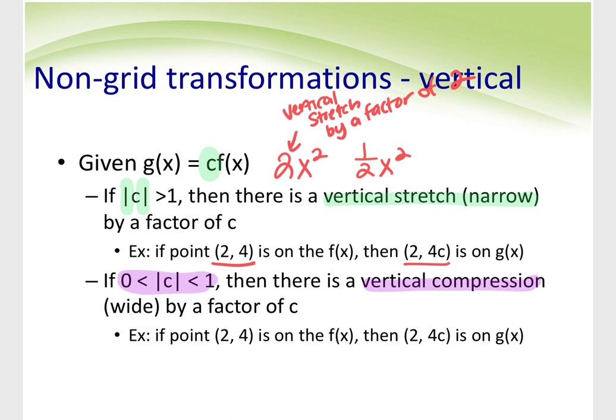It would cause your u to get wide. It would cause your v to get wide. It would cause a square root to flatten out, whereas the vertical stretch would cause it to be taller. And again, same factor, by a factor of c. So if I go back to the example, it would have been a vertical compression.